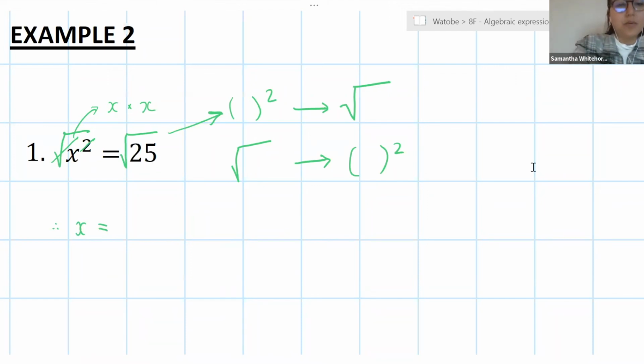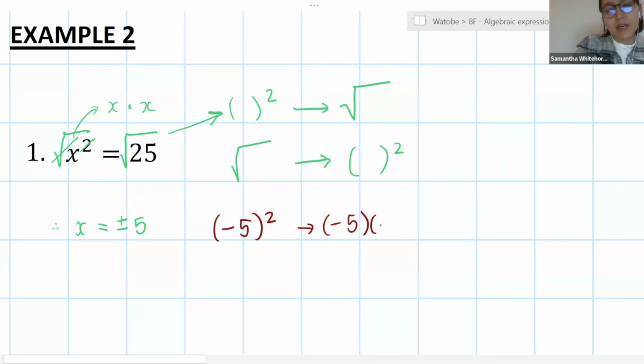Now, what's really important is that we remember that when we square root a number, we can get a positive or a negative. The reason for that is because if you had -5 squared, this is saying -5 times -5. A negative times a negative is actually a positive.